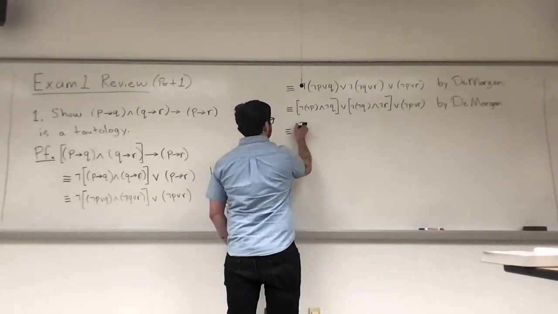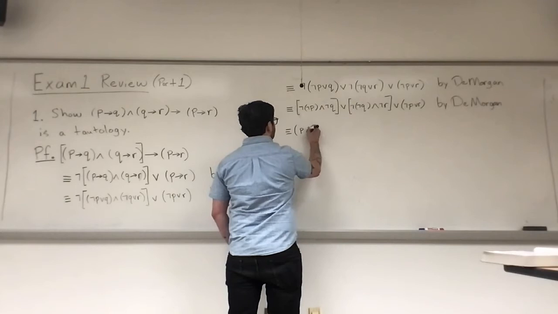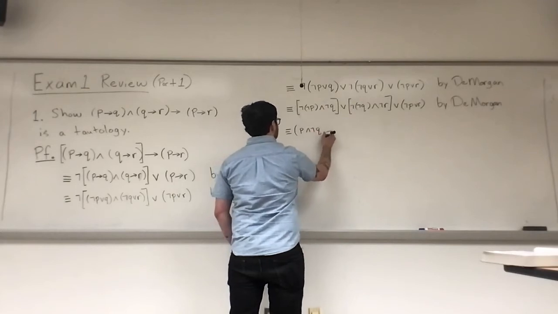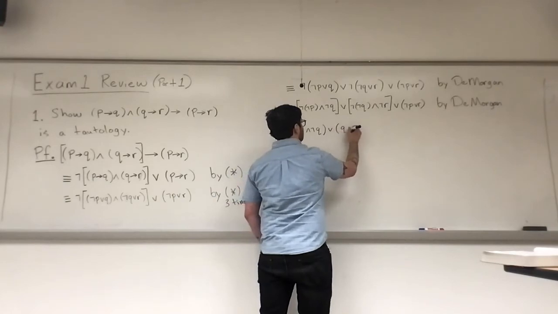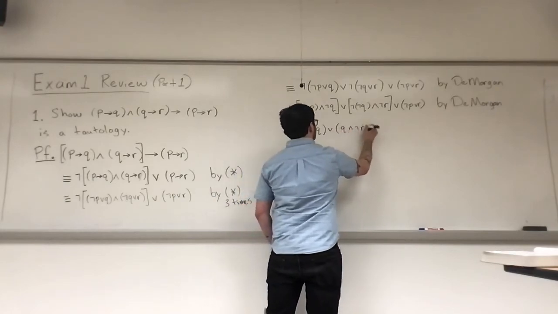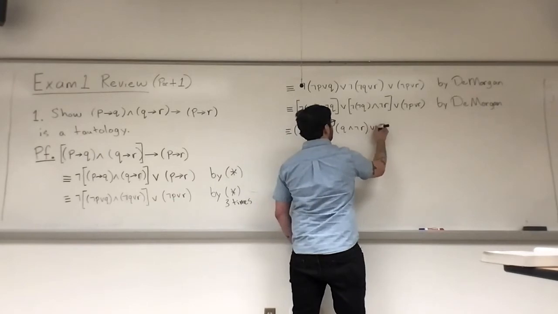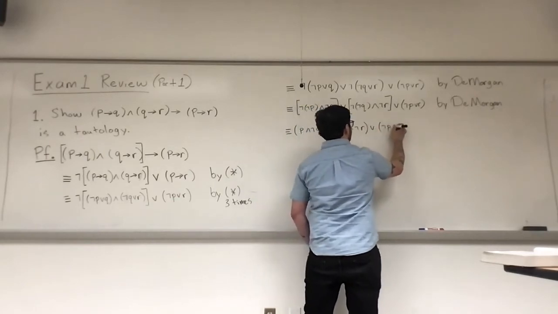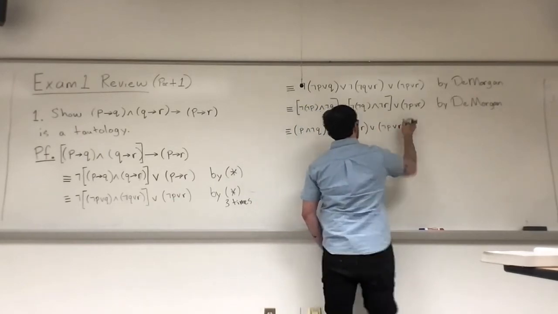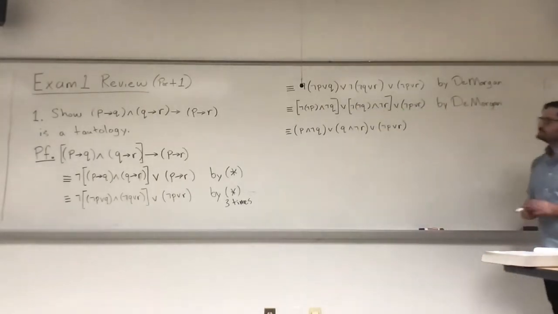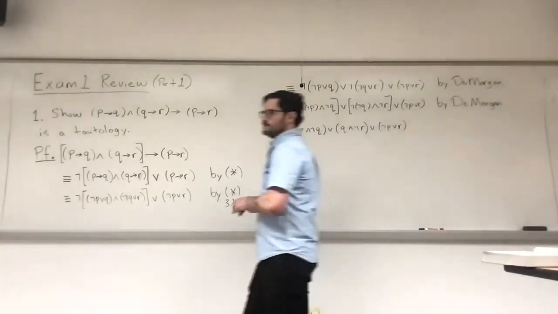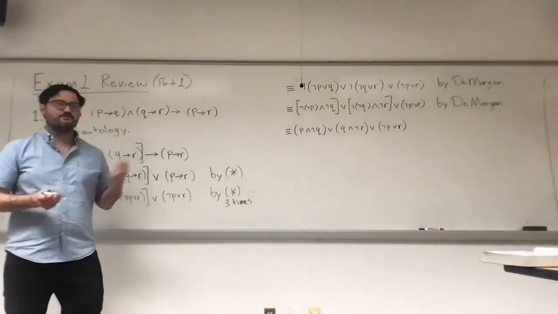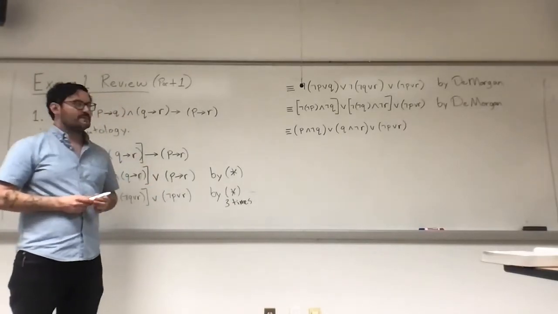So this would be P and not Q, or Q and not R, or not P or R. Okay, and we're hoping somehow to land at a capital T somewhere, right?